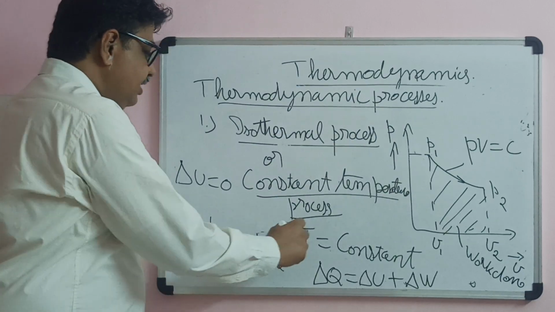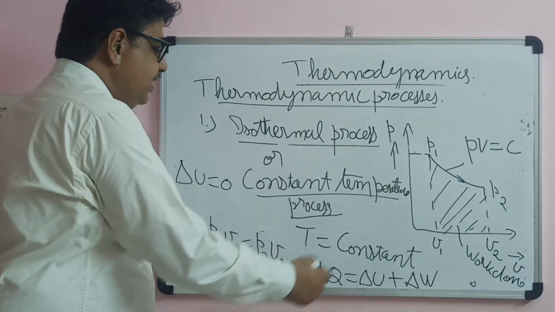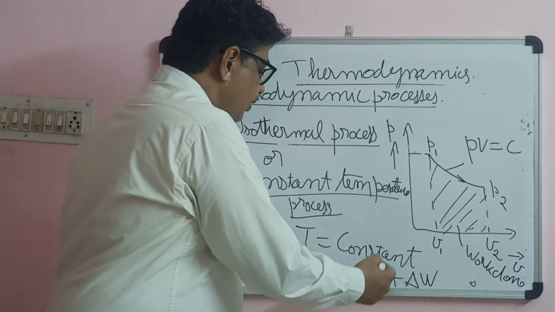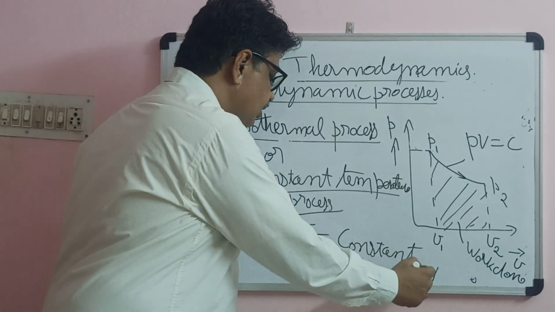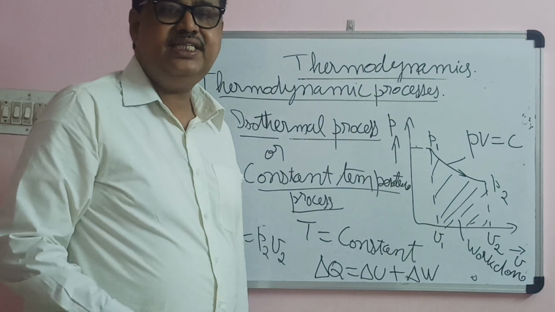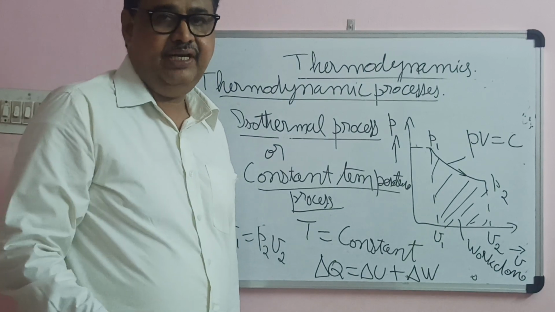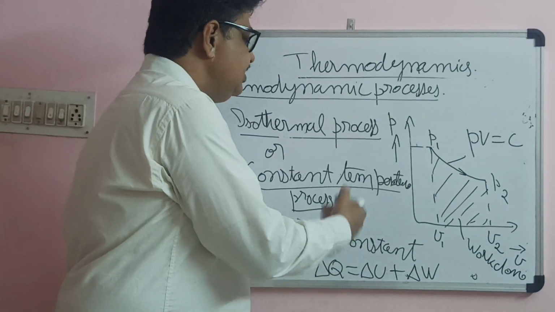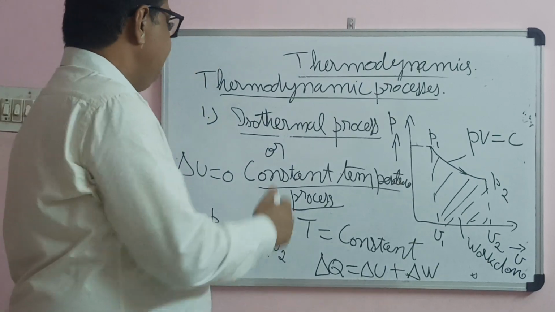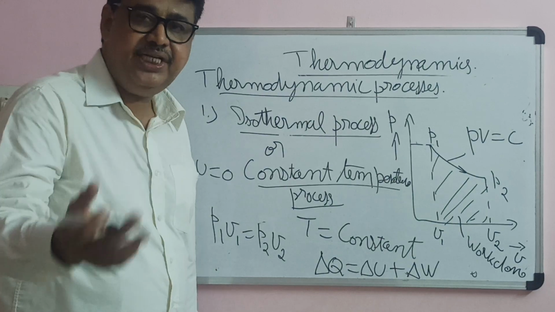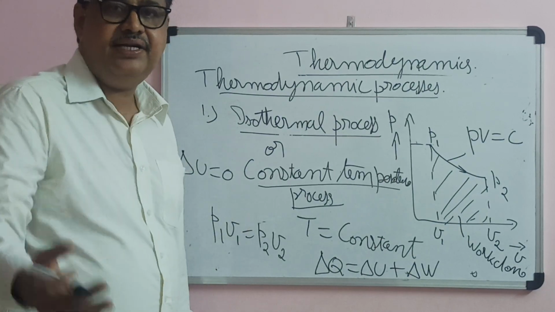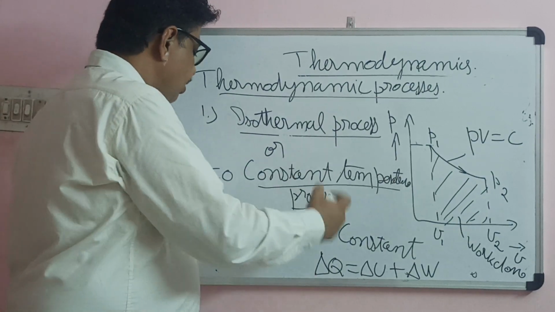So here temperature remains constant, therefore heat supplied to the gas is equal to work done by the gas. Change in internal energy of the gas is 0 here because there is no change in temperature. Hence the internal energy remains constant.